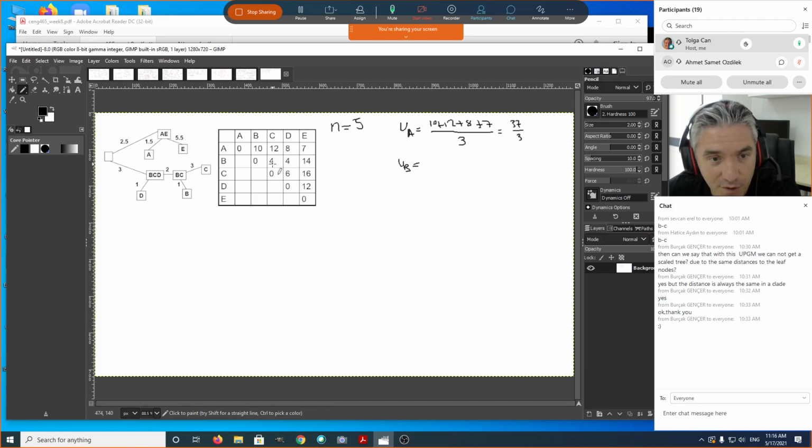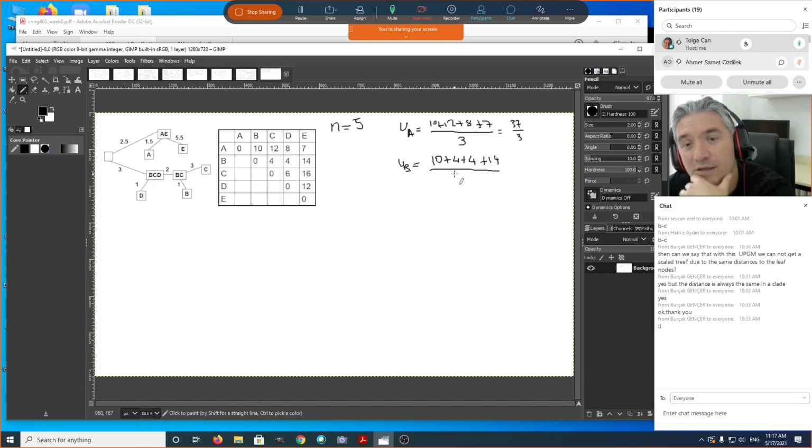B to C is 4. A to B is 10. So B to A is 10, then 4 and 4, and 14. So if you look at this, is it 32? Yeah, it's 32 divided by 3.